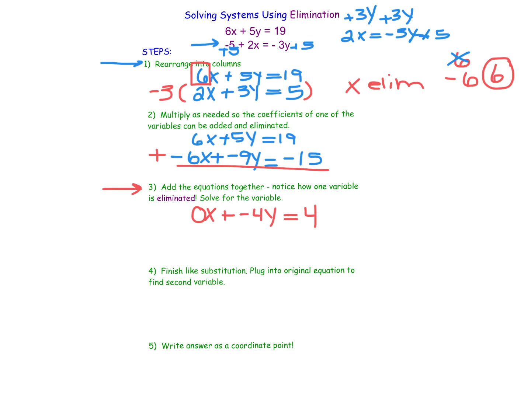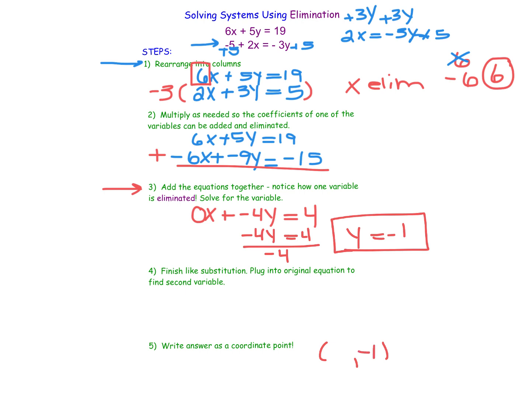So I here really have negative 4y is equal to 4. Divide both sides by negative 4, and I find that y is equal to negative 1. So I know that the y portion of my coordinate that makes both of these equations true, and is the point where they intersect, is y is negative 1.